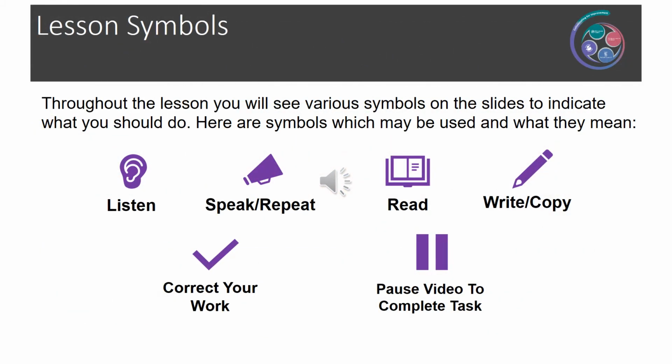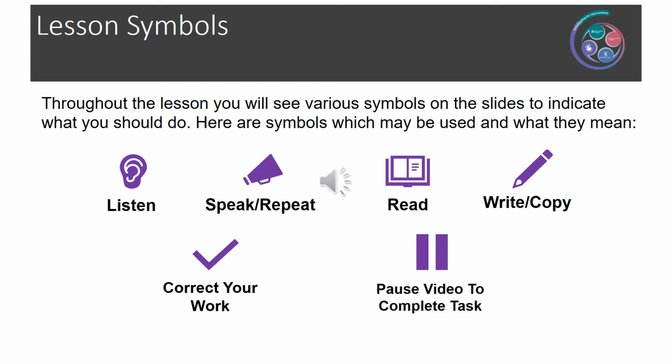Throughout today's lesson, you will see various symbols being used on the slides to indicate what you should do. On the screen that you see in front of you are the symbols that may be used and what they mean. The first symbol that you see is for you to listen. So as part of the recording, you're being asked to listen to the information that is being shared with you. The next icon is asking you to speak or to repeat the information that is being shared.